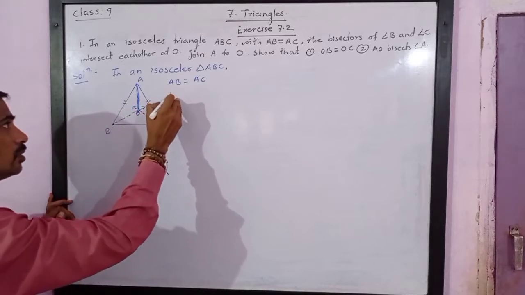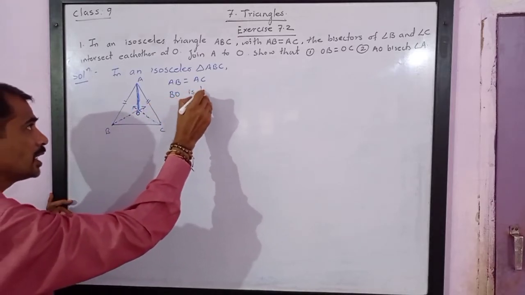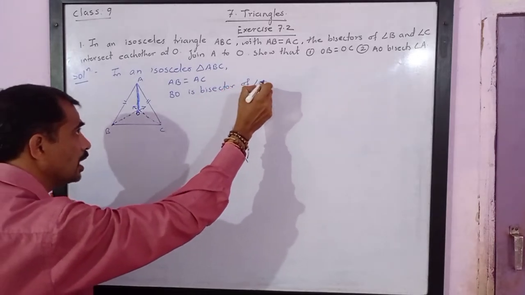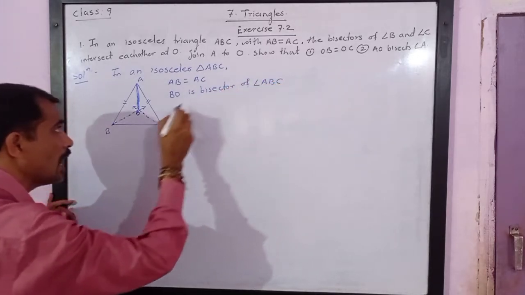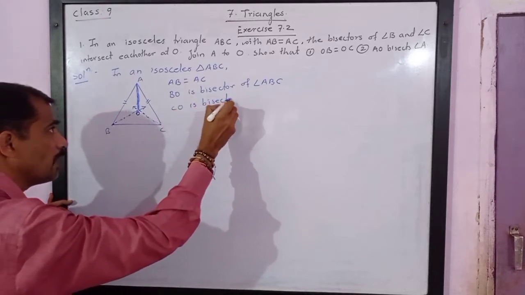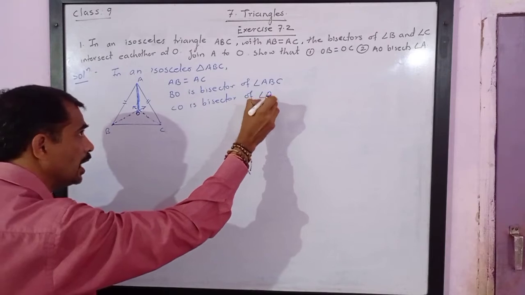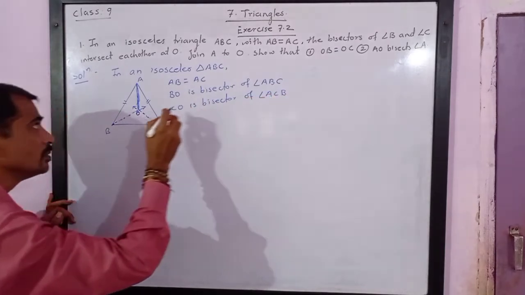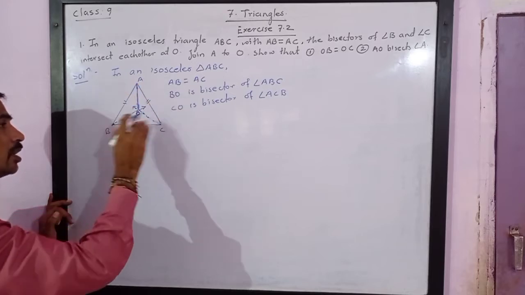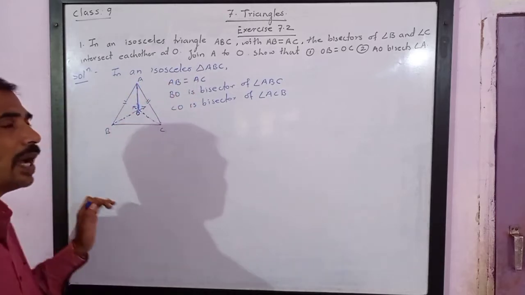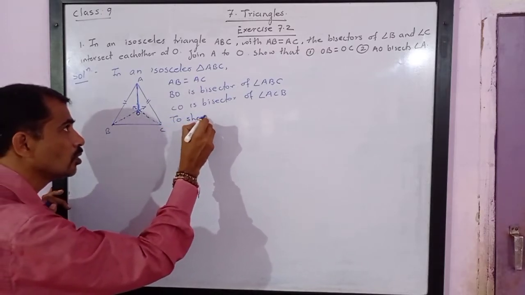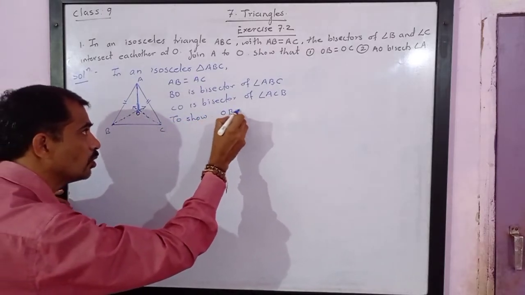Then BO is bisector of angle ABC, and CO is bisector of angle ACB. And O is the intersection point of the bisectors. So first we have to show OB is equal to OC.